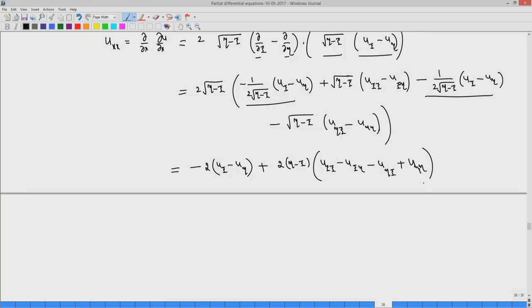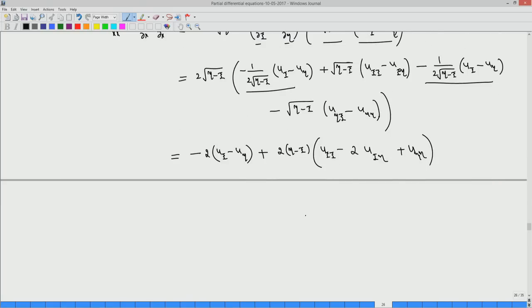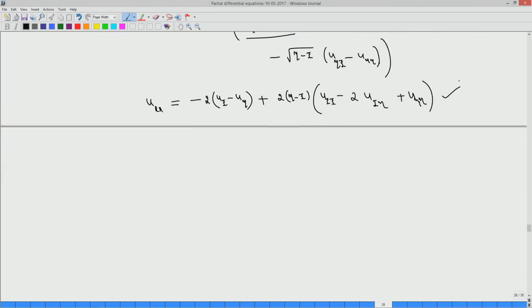Okay. This is what you have. So, finally, you can combine this together, because u xi eta equal to u eta xi, you can write this as 2 times u xi eta. So, this is my u x x, everything in terms of new variables xi and eta.